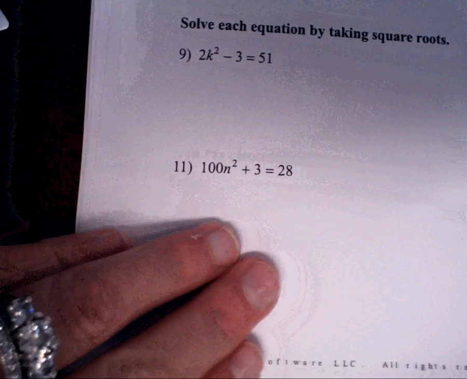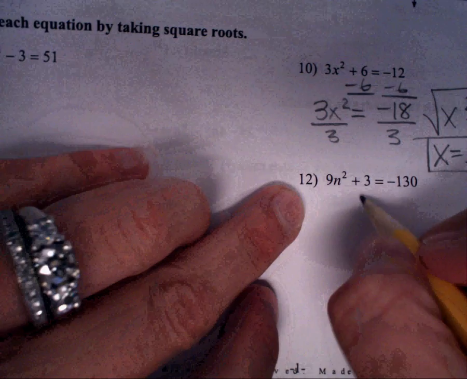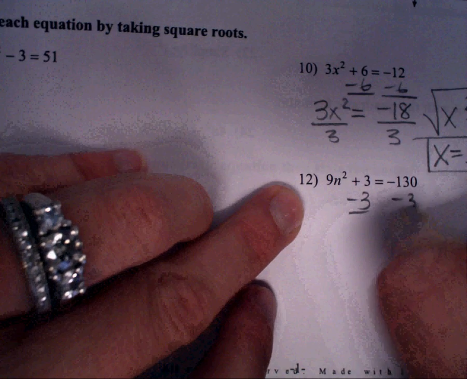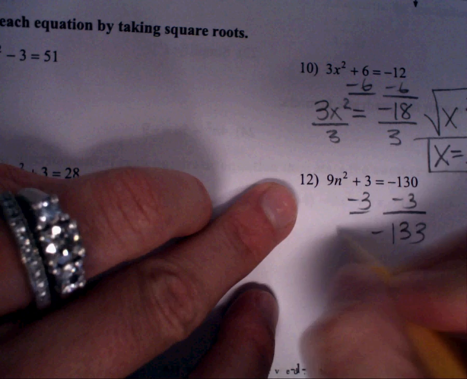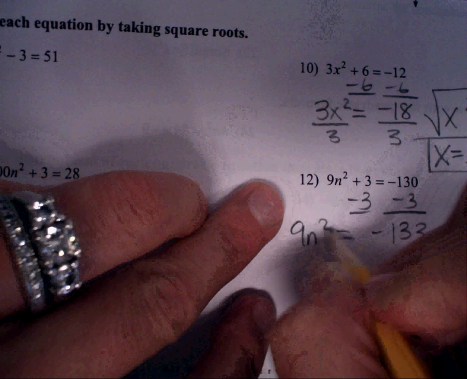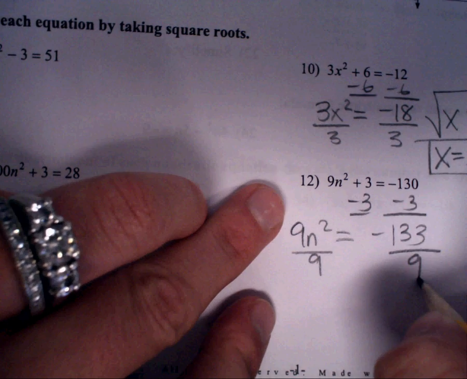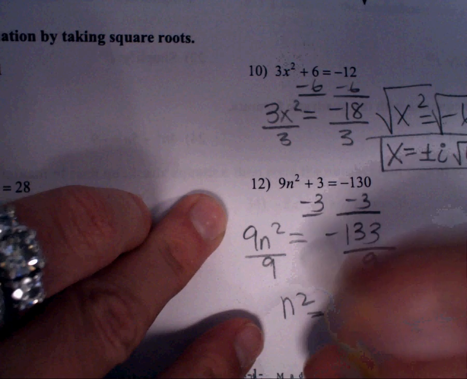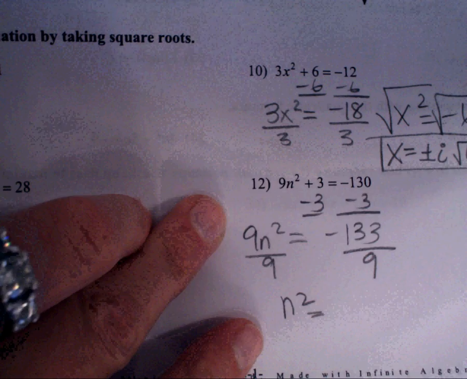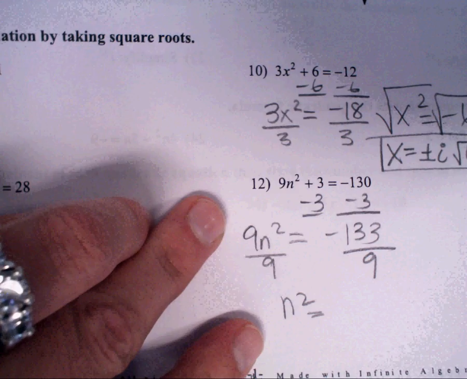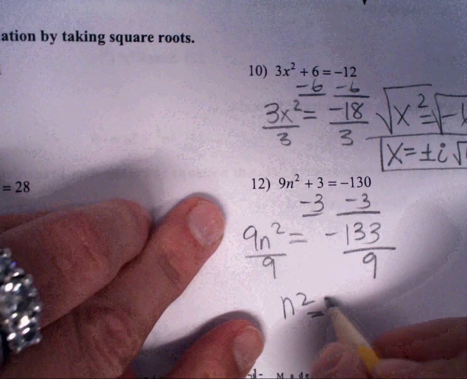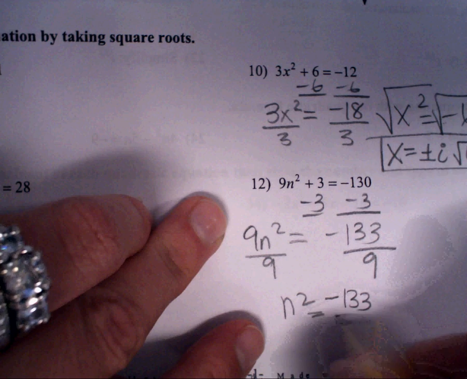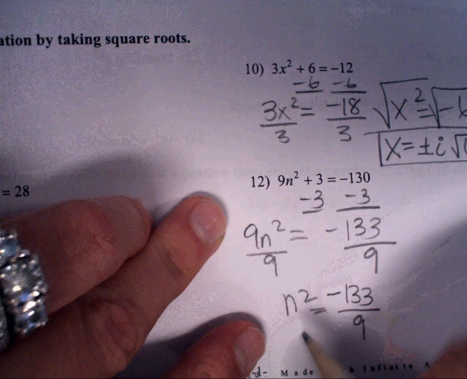Alright, so let's do number 12. So I'm going to subtract 3. Divide by 9. And I don't think that simplifies very nicely, so I leave it a fraction.